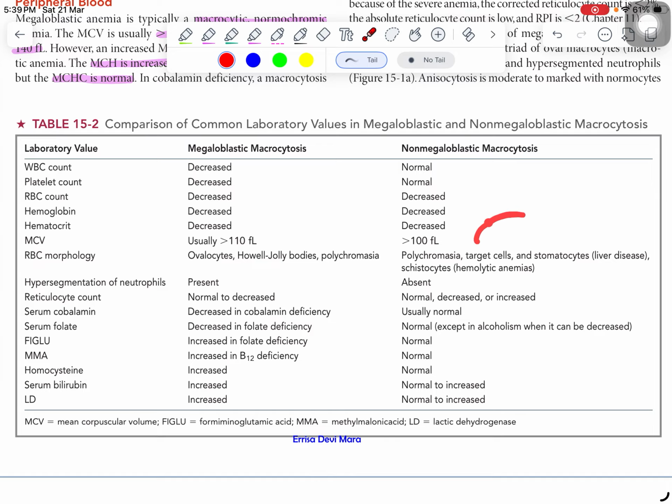If echinocytes are there, then it is hemolytic anemia. If stomatocytes are there, then it is liver disease. Just remember, hypersegmented neutrophils will not be there. The reticulocyte count can be normal, increased, or decreased; we can't tell. Serum cobalamin is usually normal, and all these enzymes are normal.